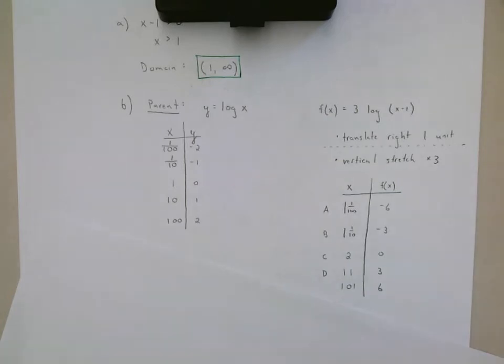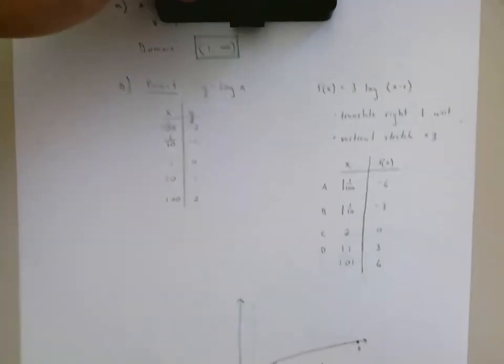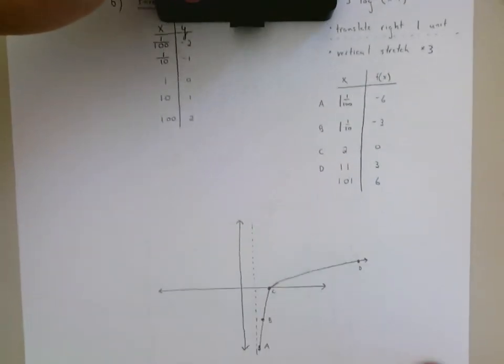When I transformed it, I moved all of those x coordinates right 1 unit, and I vertically stretched all of the y coordinates by a factor of 3, so I multiplied each of these y coordinates by 3. Once I have those, then I'm able to graph this logarithmic function.